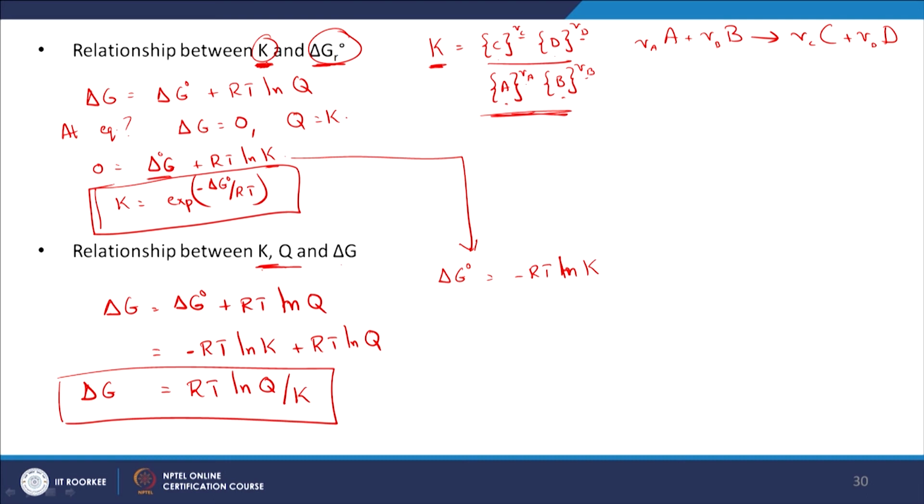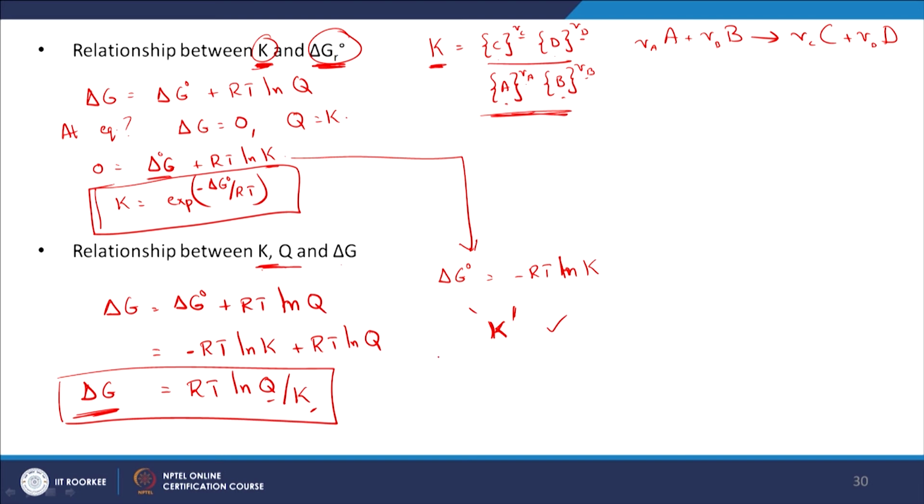Let us look at what we just discussed. We were able to calculate K given delta G naught, or vice versa, and we see that we have a relationship between delta G and the ion activity product and equilibrium coefficient. So, what does this mean though? In your standard tables, you will have the K values, the equilibrium coefficient, given for most of the relevant reactions.